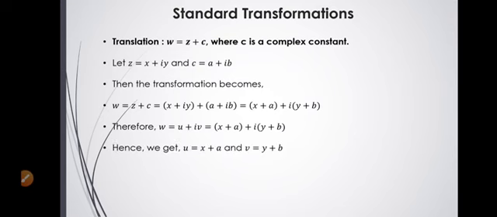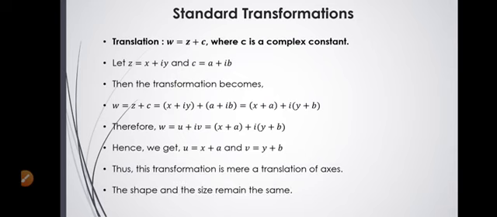So this is just the addition of two complex numbers, where u, the real part of w, is x plus a and v, the imaginary part of w, is y plus b. So this transformation is a mere translation of axes. From the diagram you will get a clear idea of this.